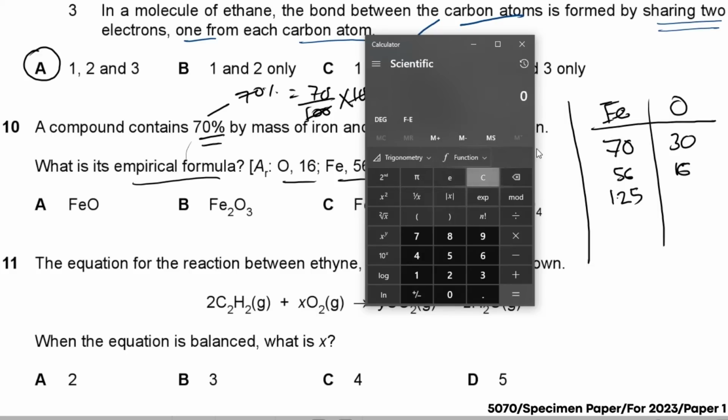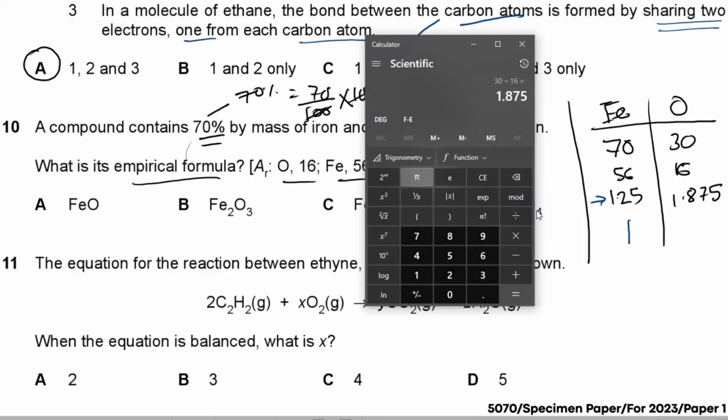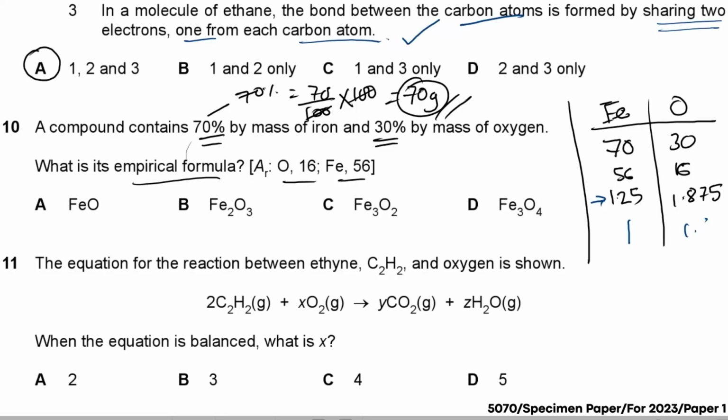Then we have 30 divided by 16, which is going to give us 1.875. And then we are supposed to divide by the smallest value. So we've got the moles, now we have to divide by the smallest. This is obviously the smallest, so we're going to have 1. But then you have to divide 1.875 by 1.25, which is going to give us 1.5.